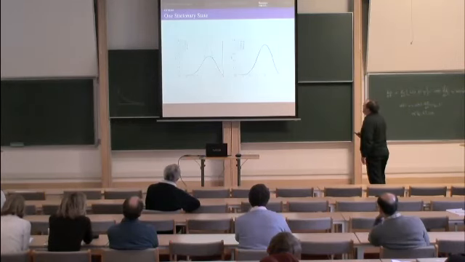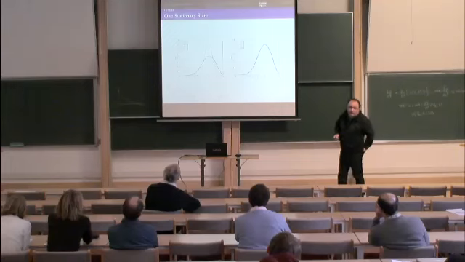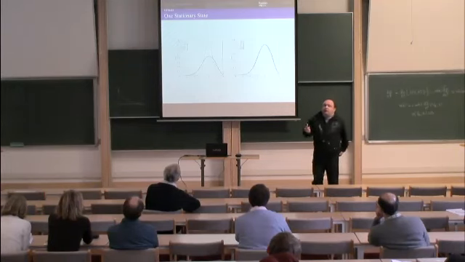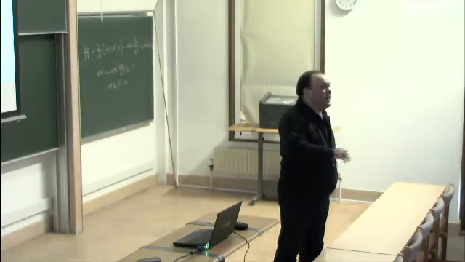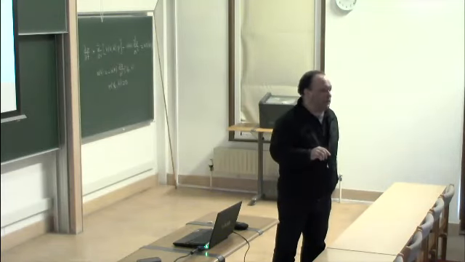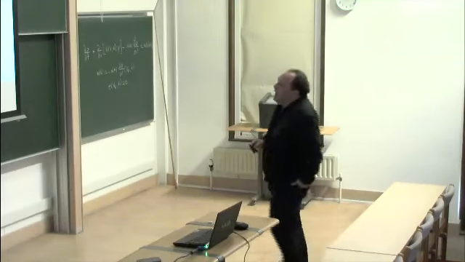This is a case of b positive, small, in which we have a unique stationary state. By the way, I didn't mention that from the theory we have no well-posedness theory. I haven't presented well-posedness theory. Mar will explain how we do well-posedness theory now, that now we know, but that is exactly what she's going to do.